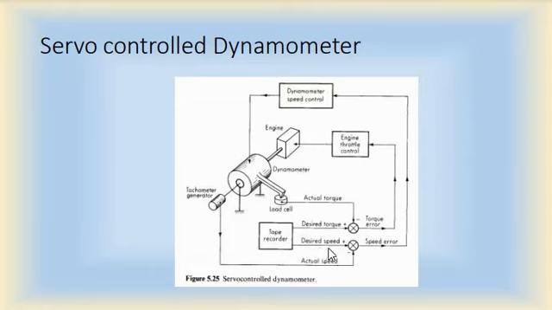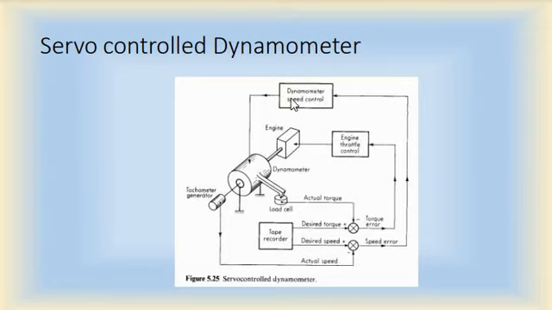Similarly, the speed during the driving conditions, or the present speed, is taken from a tachometer, and the tachometer output is given to the comparator. Inside the comparator the desired speed and the actual speed are compared, and if any speed error or change from the desired speed is there, that speed error is given as feedback to the dynamometer speed control block.